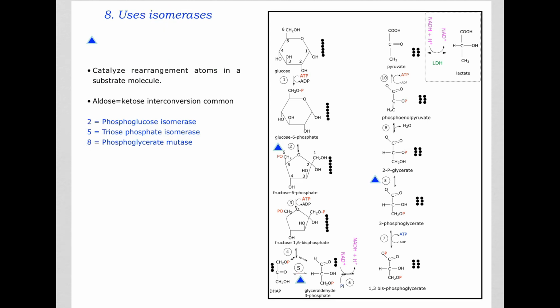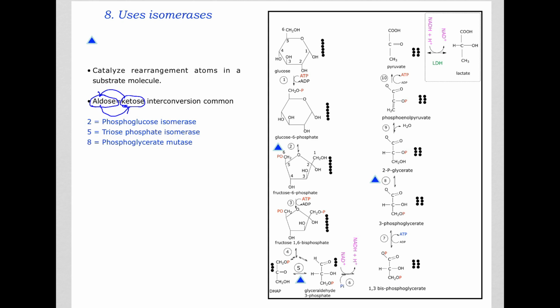A common isomerization reaction catalyzed by isomerase is the interconversion of an aldose to a ketose or a ketose to an aldose. Remember from your carbohydrate chemistry, aldoses are sugars that have aldehyde groups. A ketose is a sugar that has a ketone group.